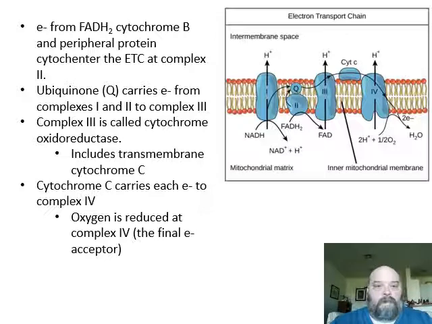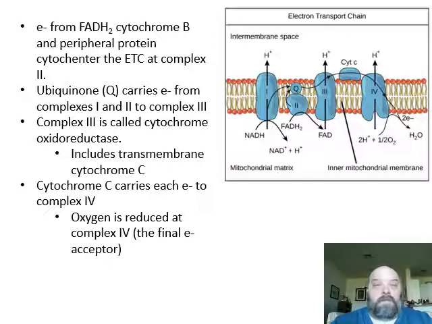So you go through and you look at, from the textbook, it talks about cytochrome B within the complex 2, taking the hydrogen from the FAD. Ubiquinone, also known as cytochrome Q to some people, or just Q, takes those excited electrons from complex 1, takes it from 2, passes it on to 3. 3 takes that energy, bleeds off, pumps a hydrogen, passes it on to cytochrome C, which then takes it to 4, the final complex.